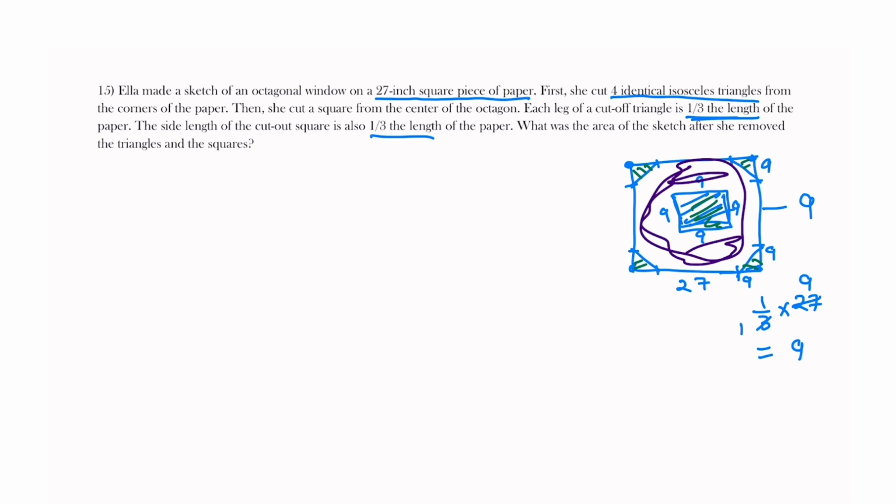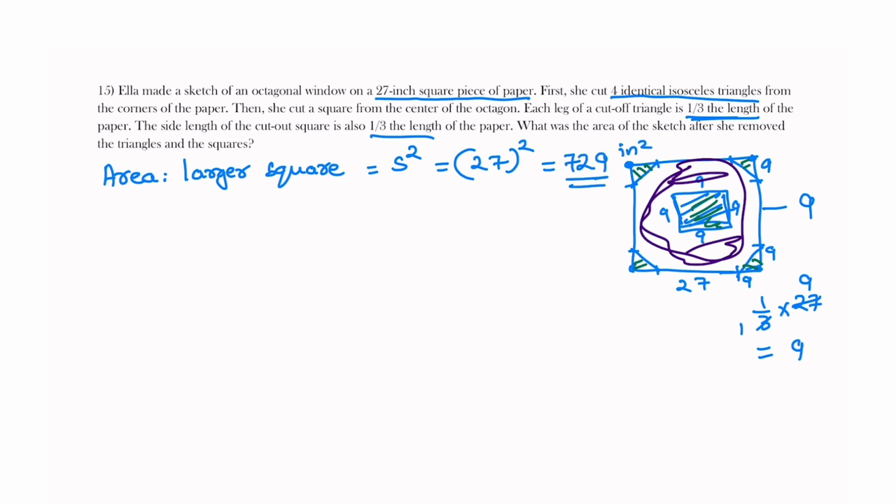So let's start by finding the area of the larger square. So we have the area of a larger square, which had the length of 27, right? And the area of a square is side squared. So that is 27 squared, which is equal to 729 inches squared.